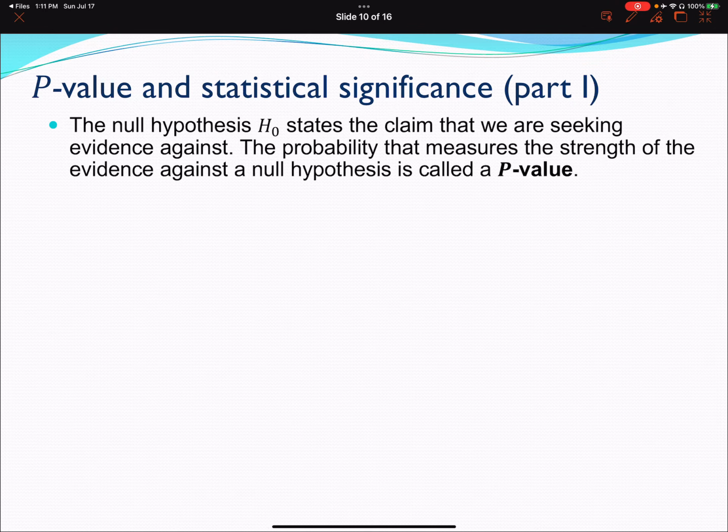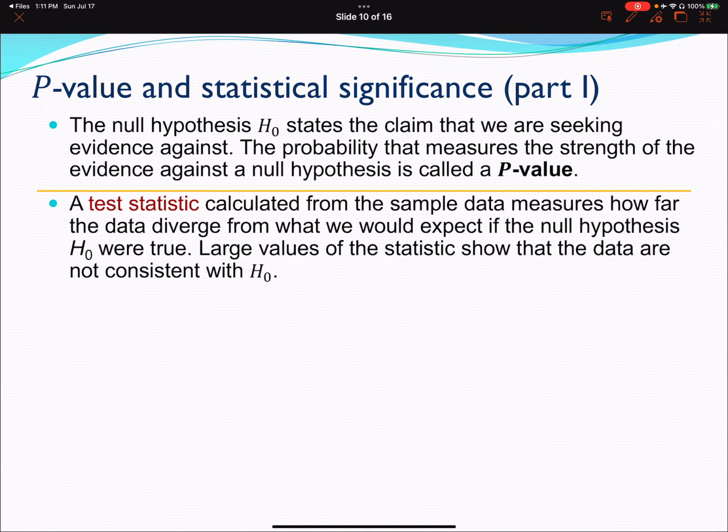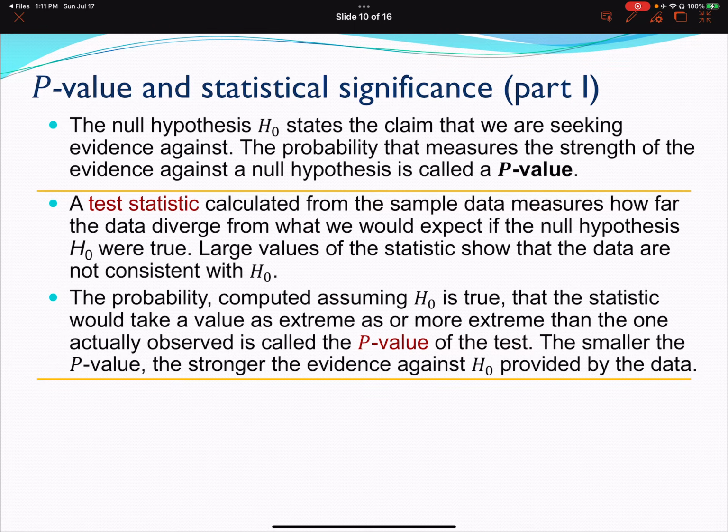We want a low p-value. We calculate our test statistic, which is calculated from the sample data and measures how far our data diverge from what we'd expect if the null hypothesis were true. Large values of the statistic show the data are not consistent with H naught, right? And then we would reject our null hypothesis.